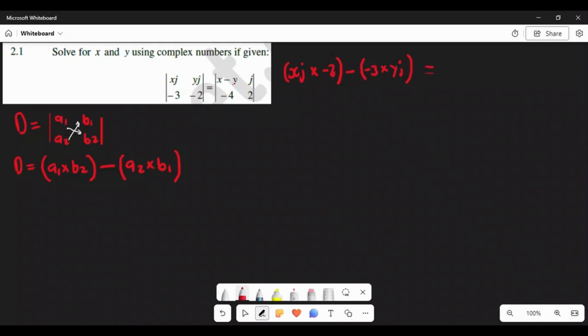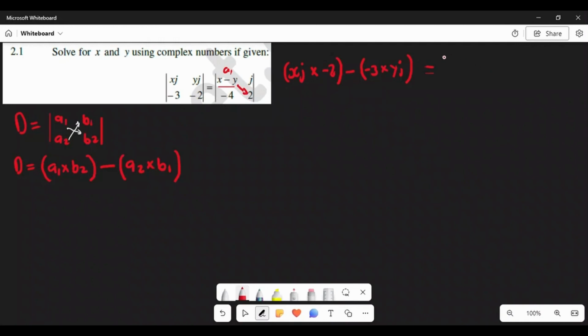So we say equal to. Now we go to the right hand side. What you should pay attention to here is that we have x minus y. This on its own is actually A1. Let me just write it there. So let's continue. We say A1 multiplied by B2. So our B2 here is going to be 2.